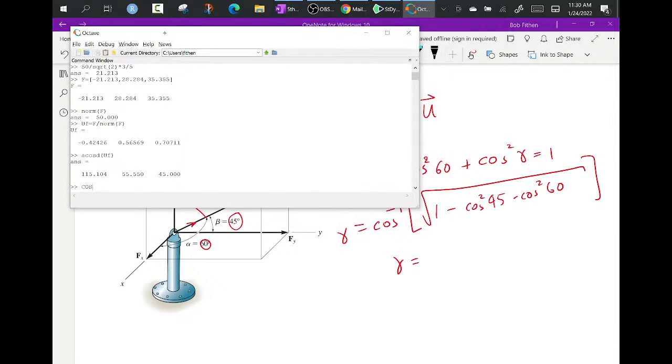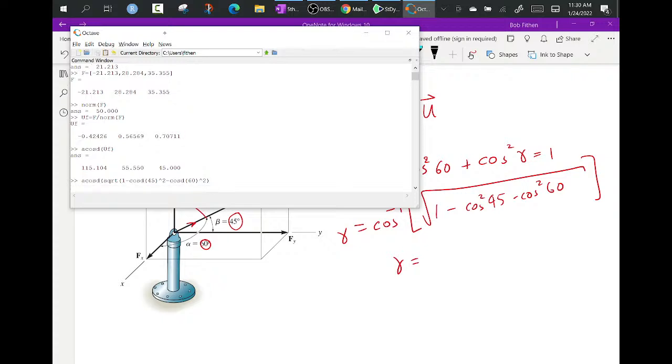Arc cosine in degrees of the square root of 1 minus cosine degrees of 45, squared, minus cosine degrees of 60, squared. Oops, I don't have balanced parentheses.